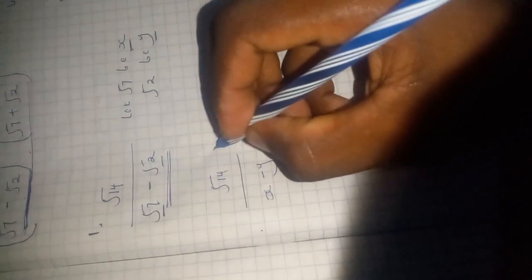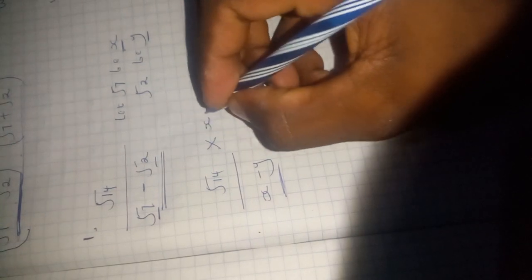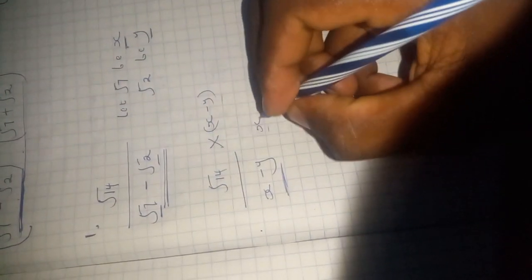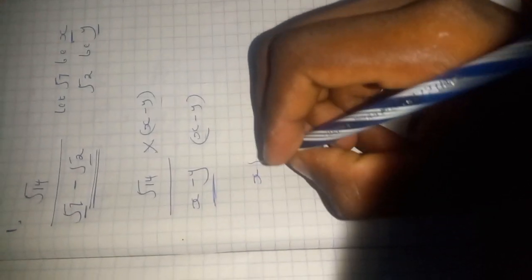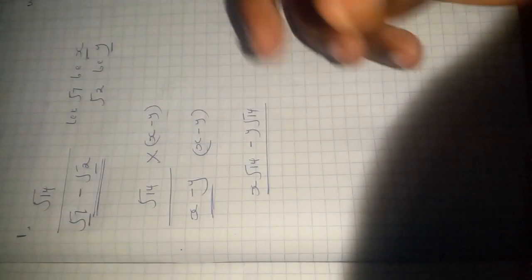So you multiply the numerator and the denominator by x squared plus xy plus y squared. The numerator will be x root of 14 minus y root of 14. We had already rationalized this one in the previous lesson, so it is easier now.